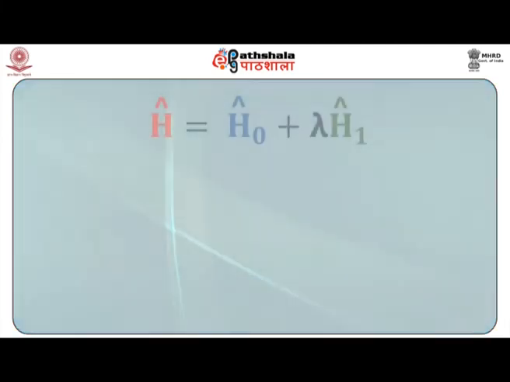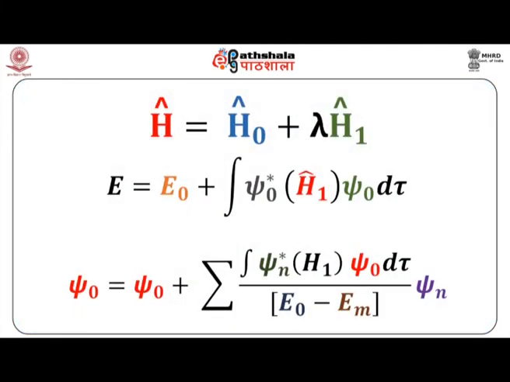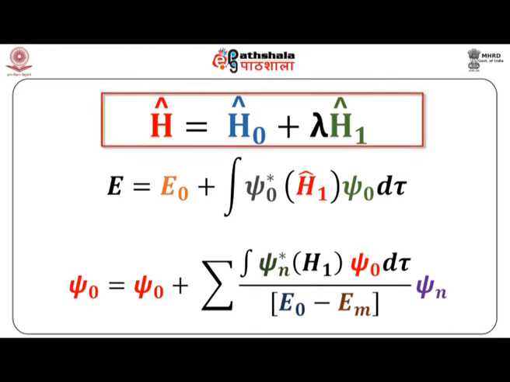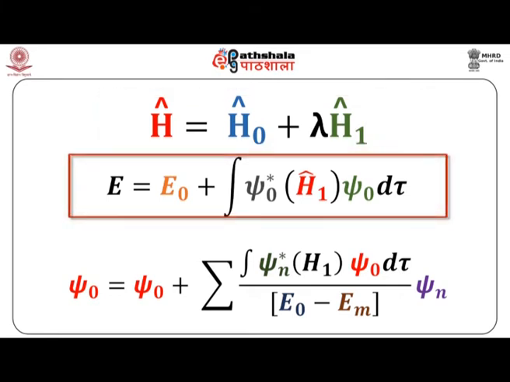We have already seen the various equations for the time independent first order correction. H cap is equal to H0 cap plus lambda H1 cap. This is the corresponding equation for the Hamiltonian. Then the corresponding equation for energy, which will give the first order correction, and the total energy would be given by E is equal to E0 plus integral psi 0 star H1 cap psi 0 d tau.